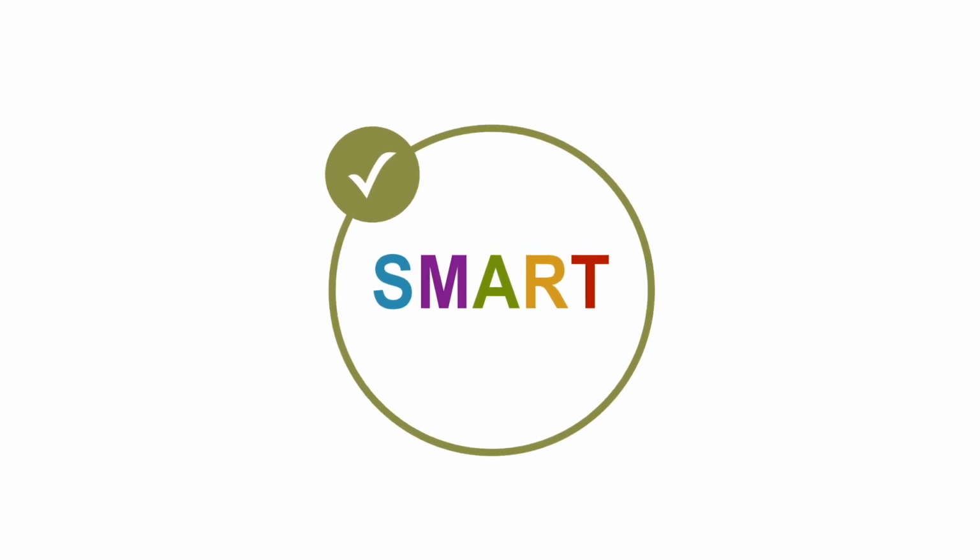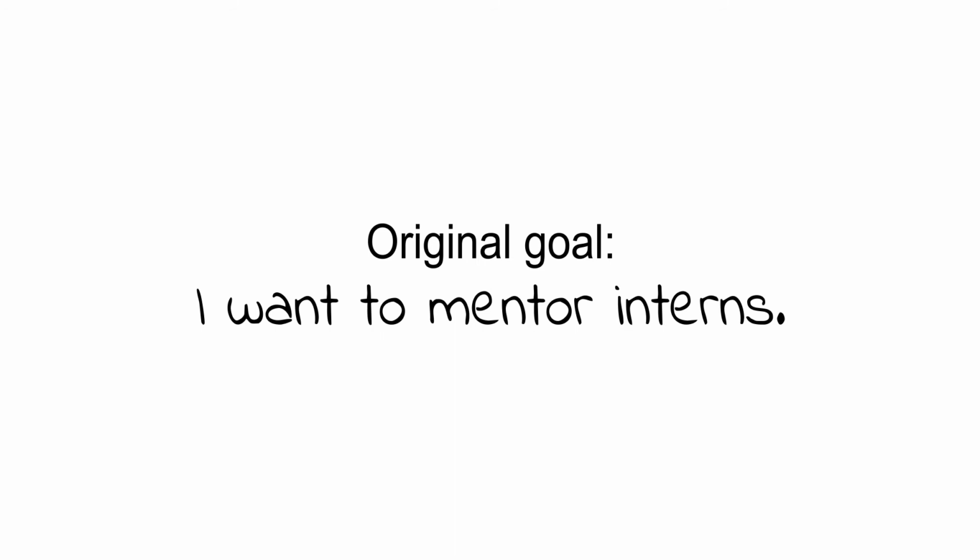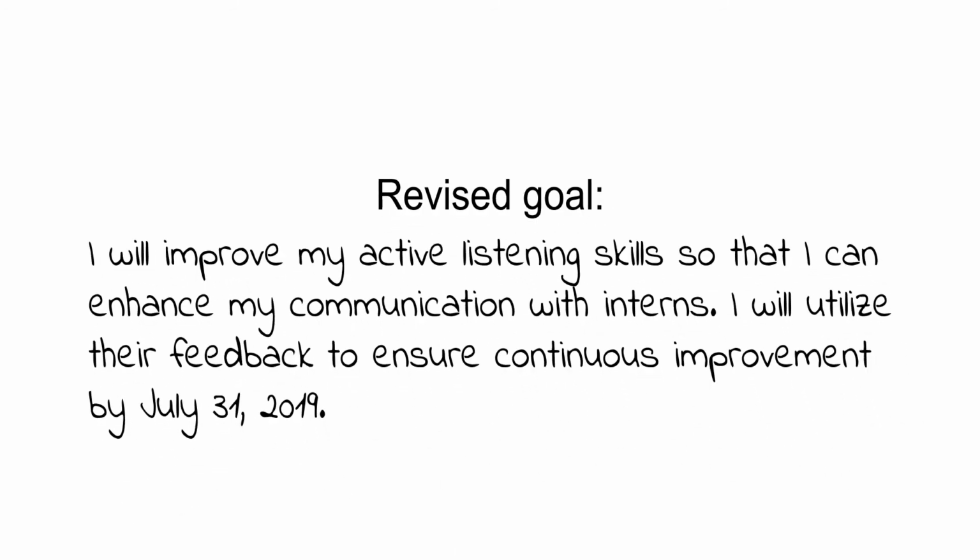After applying each of the 5 SMART elements, the original goal, I want to mentor interns, can be revised to, I will improve my active listening skills so that I can enhance my communication with interns. I will utilize their feedback to ensure continuous improvement by July 31st, 2019.